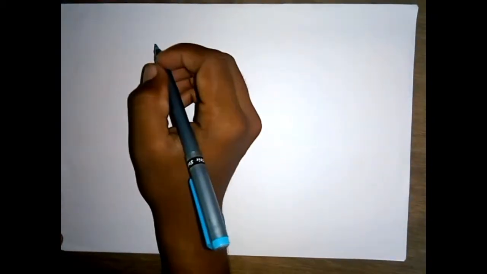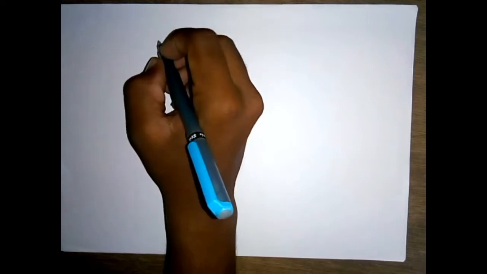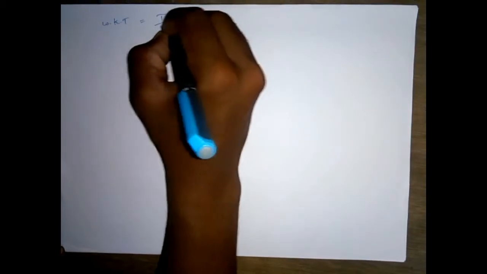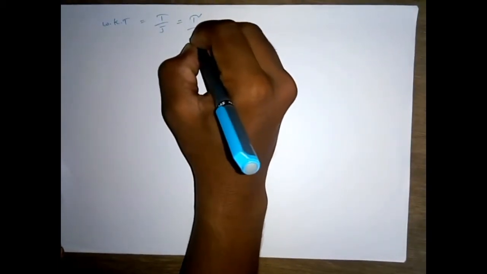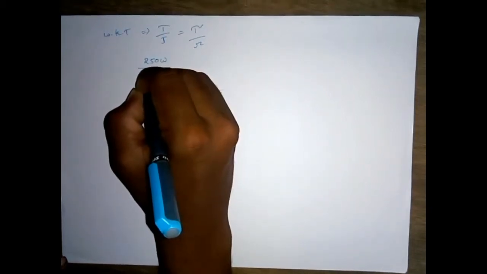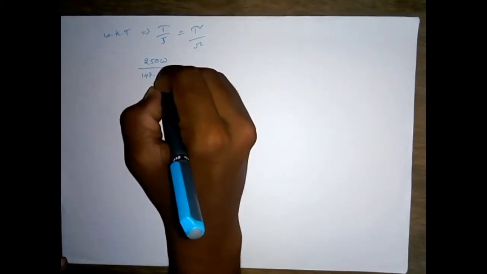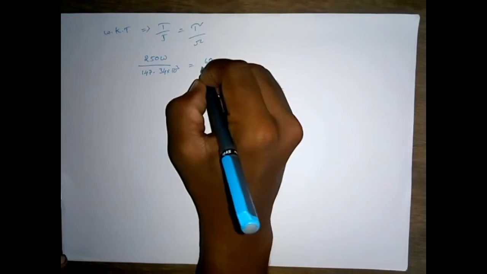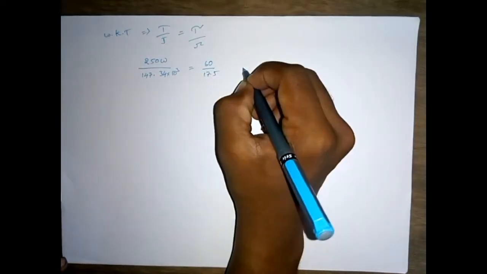And next, now we know that T by J is equal to tau by R. We know this equation, so substituting the values in this equation, we get the W value, that is T, which is 250 W, by 147.34 into 10 cube, is equal to 60 by 17.5.